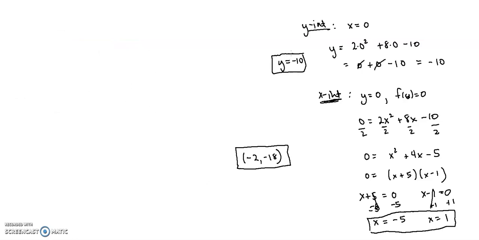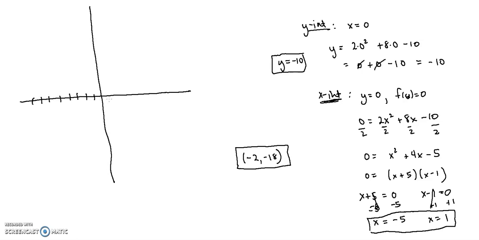Okay, so let's take these pieces of information and let's graph them together. Okay, we need kind of a big graph for this one because we got to get to negative 2, negative 18.